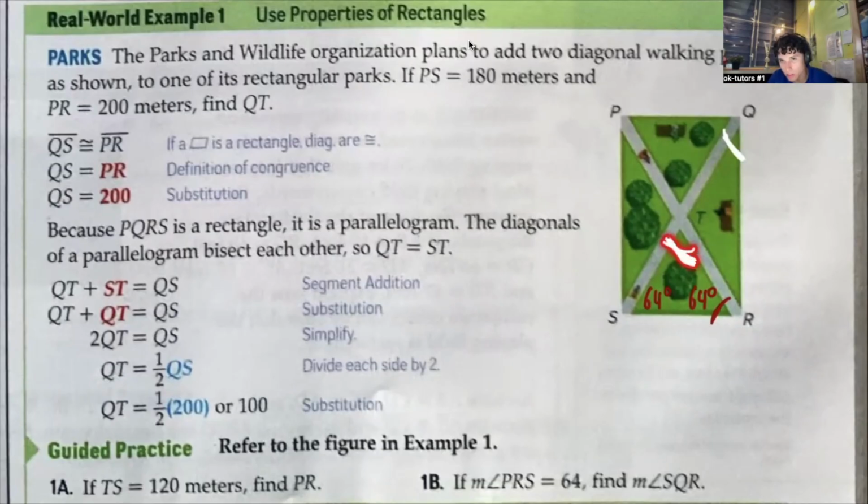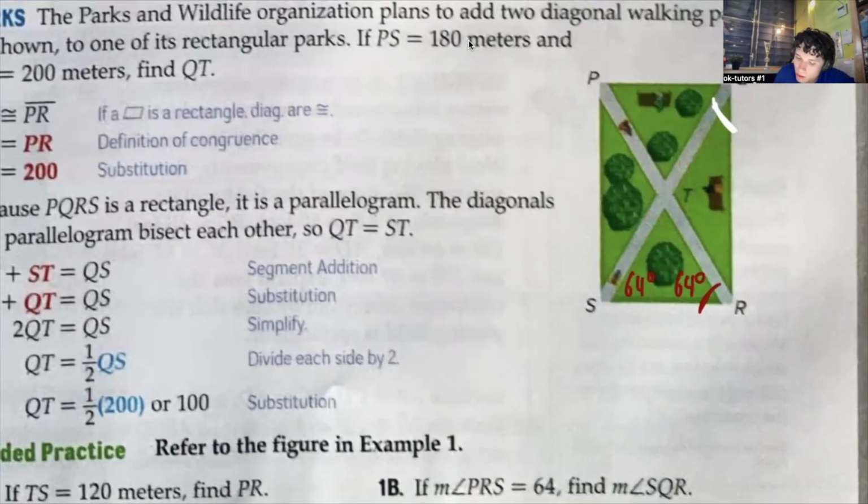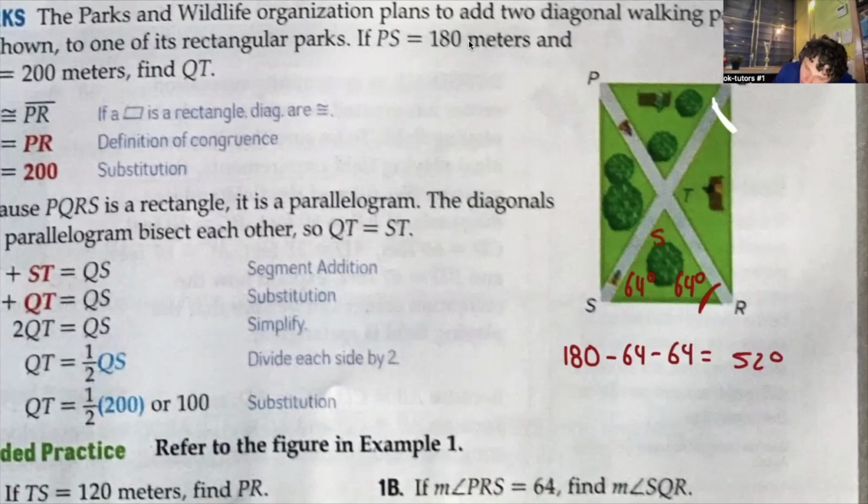I can subtract from 180. If I want to find angle T, that's going to be 180 minus 64 minus 64, which equals 52. So this here is 52 degrees.